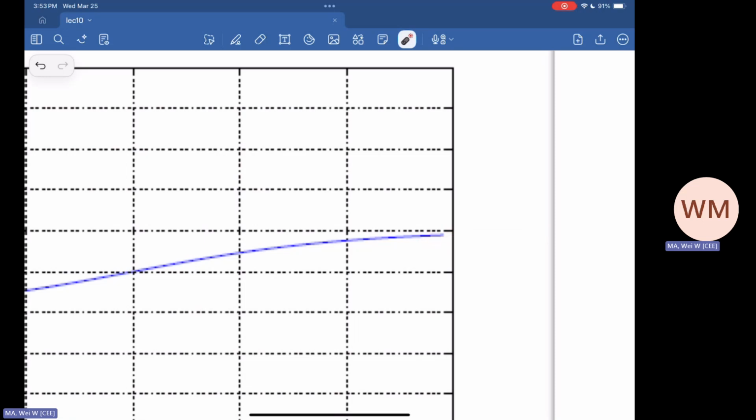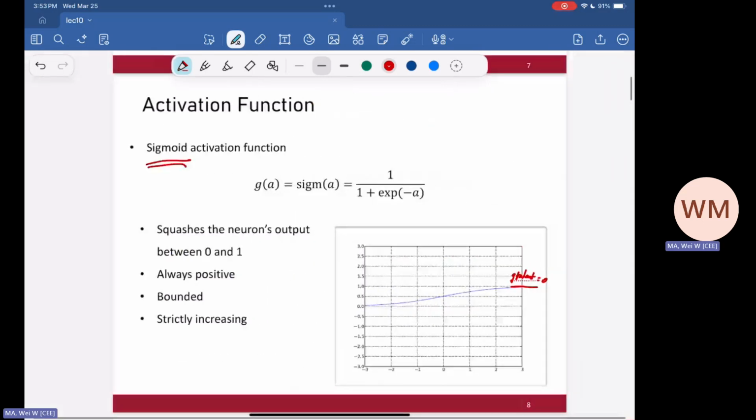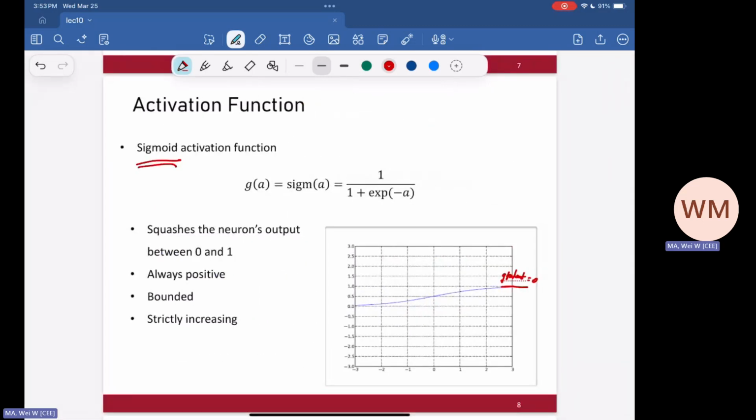If you calculate the gradient, you'll find that in this part the gradient is almost equal to 0. The 0 gradient gives you a lot of issues. The most important one is gradient vanishing.